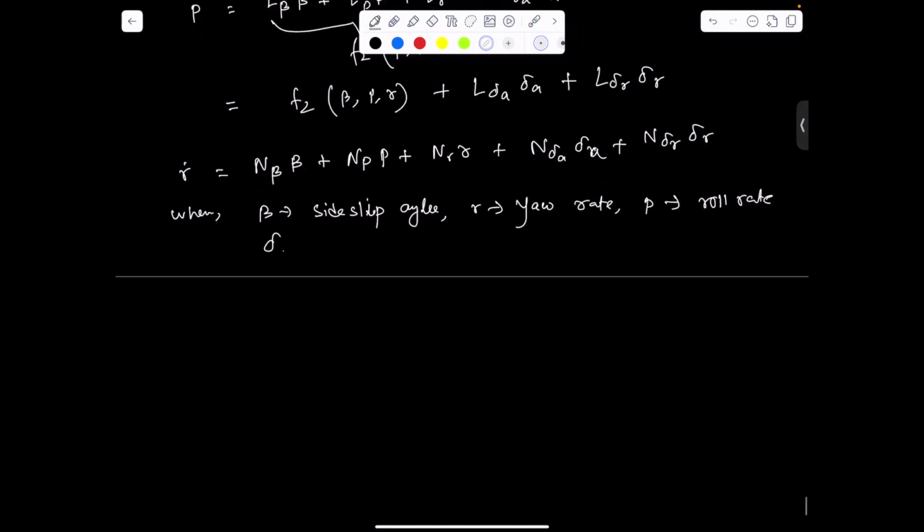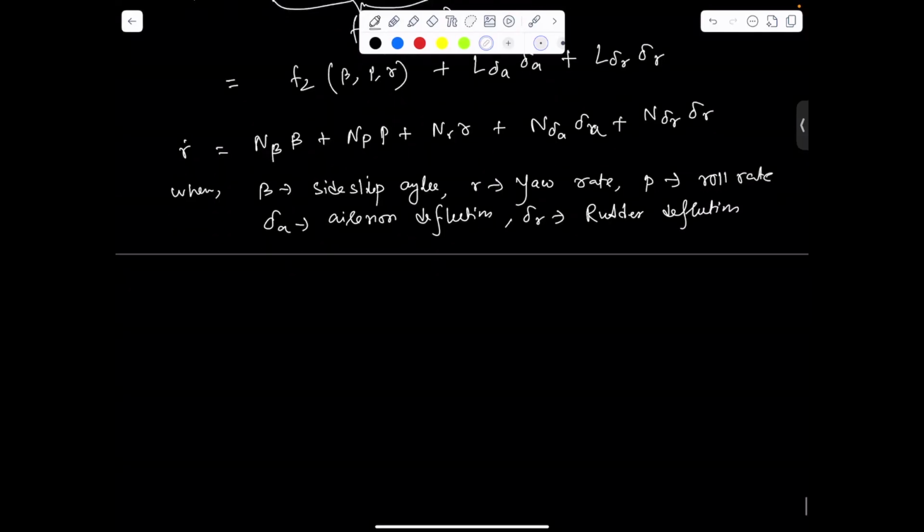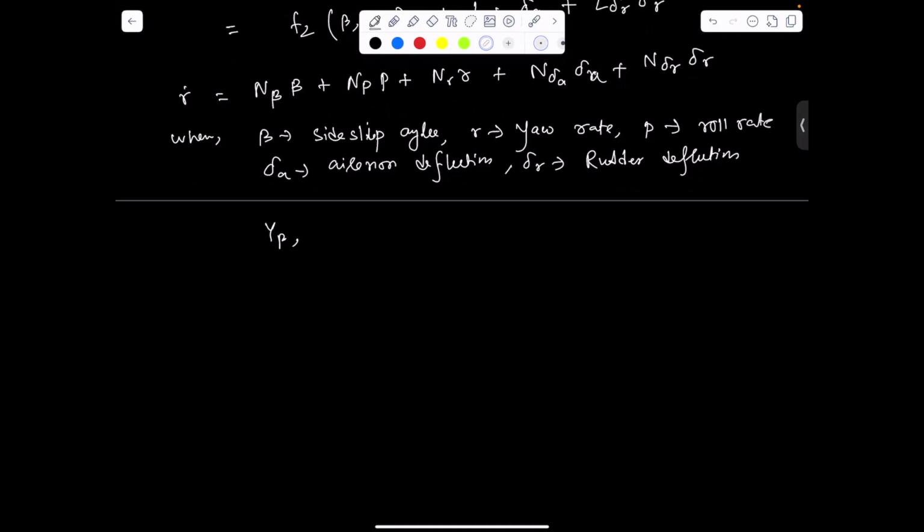And delta A is aileron deflection, and delta R is rudder deflection. And Y beta, YP, YR, Y delta A, Y delta R are basically aerodynamic derivatives for side force.